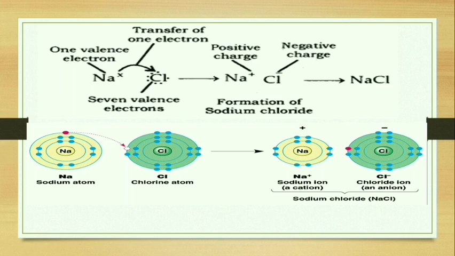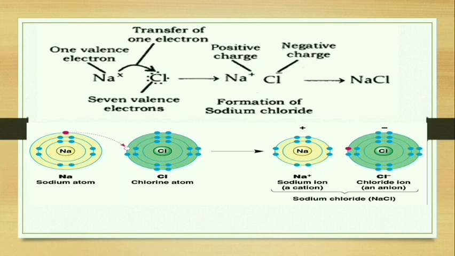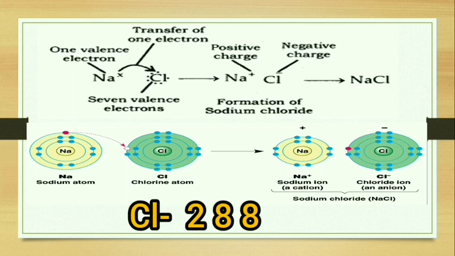If we see the lower diagram, the sodium atom, by losing an electron from its outer orbit, forms Na+, a cation having a complete octet in the K and L shells. Whereas chlorine, by gaining one electron from sodium, forms the chloride ion Cl-, which is called an anion, having a complete octet of 2, 8, 8.